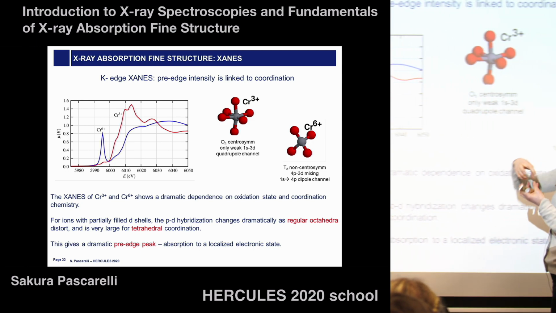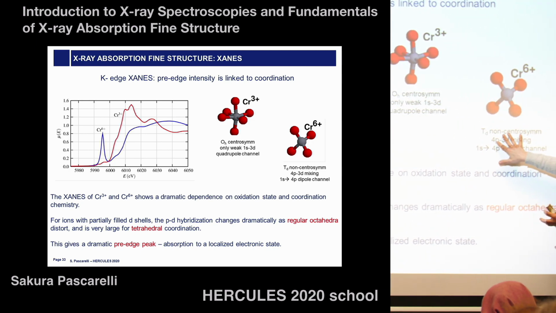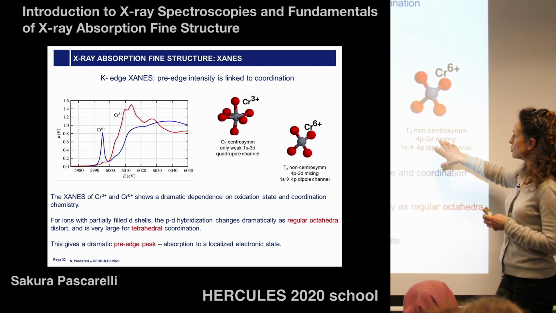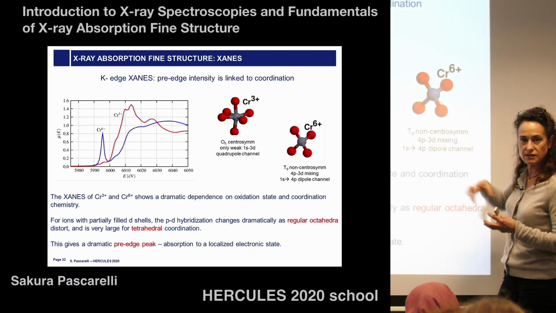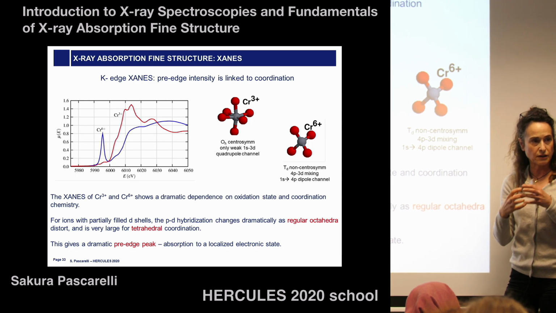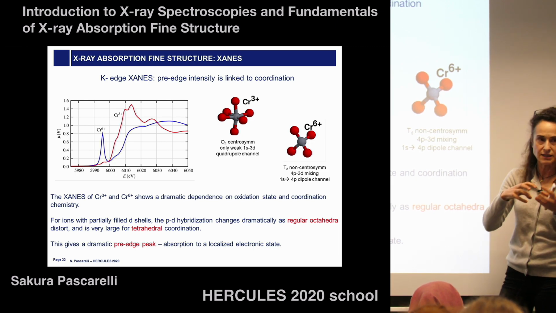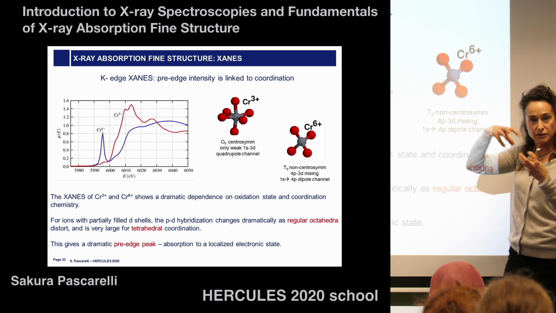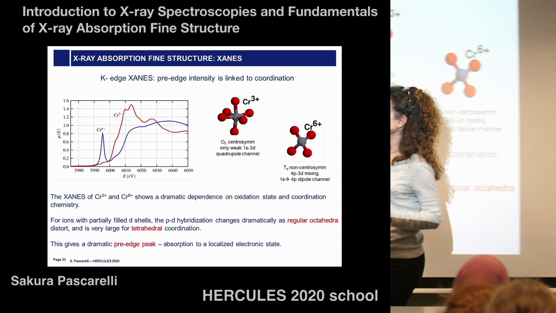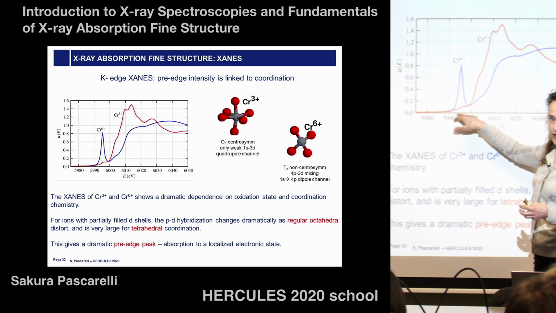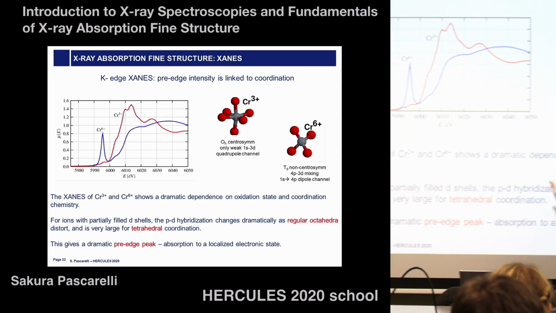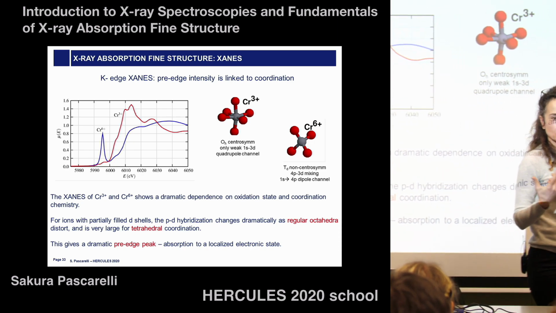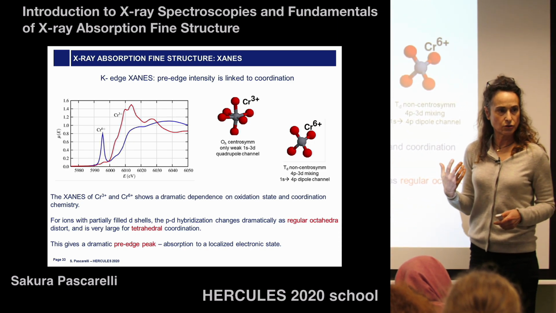However, if you distort the structure and you go into a tetrahedral structure, this is non-centrosymmetric, and here you have very strong 4p-3D mixing. This is hybridization between 3p and 4p and 3D. And this hybridization that you need to make these bonds gives the D levels a very strong p character. And so the intensity goes up because you start having dipole allowed transitions to the p states.